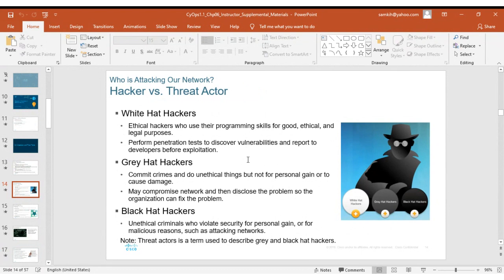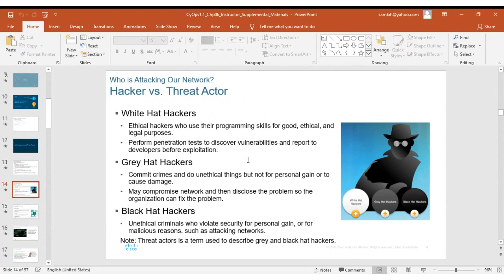So the black hat hackers, these are the guys who do unethical hacking. We call them unethical criminals, and they violate security for personal gain and for malicious reasons, and they attack networks.